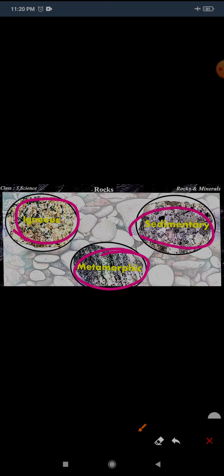The second is sedimentary. Sedimentary. And the third is metamorphic. Metamorphic. So these are the three types of rocks that we are going to study in class 5 science according to the NCERT norms. So, let's start.